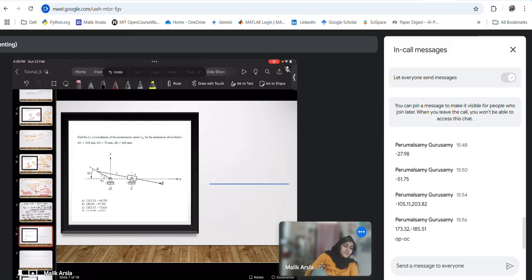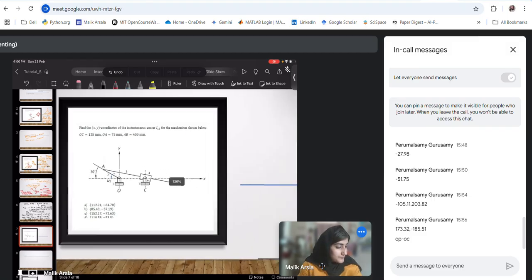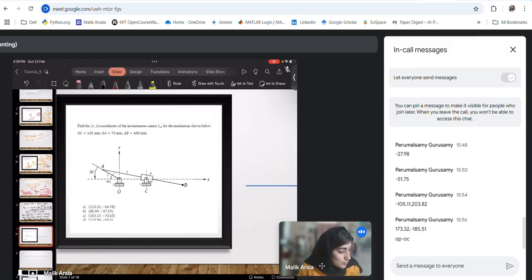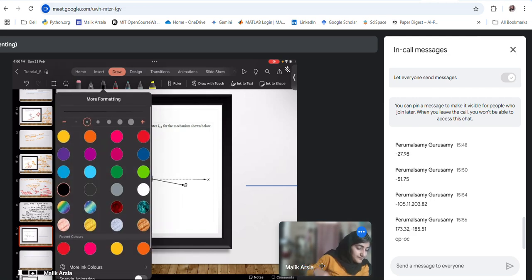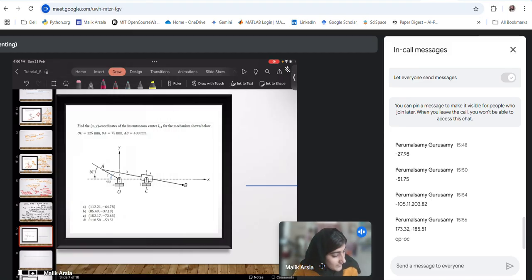Okay, so what is the question asking us? Find the x and y coordinates of the I13 of the mechanism. So I13 has to be figured out. We have been given the lengths: the length OC has been given to us, OA has been given to us, and AB is also known to us.